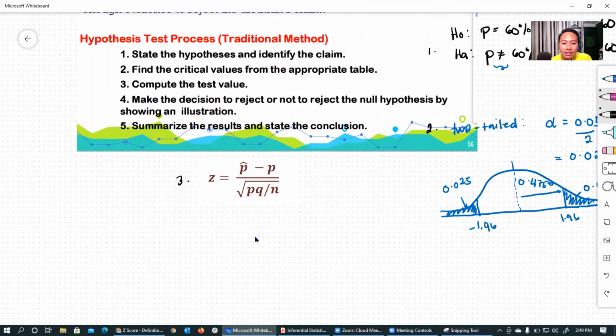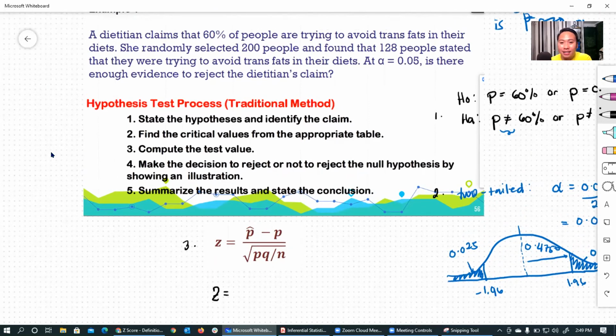So let's start solving for Z. The p hat, guys, is the proportion of the people who stated that they are avoiding the trans fats. When you say it's proportion, it's percentage, so it's in fraction form. 128 out of 200 people, because there are 200 people in the sample size, and 128 divided by 200 is actually 0.64. That's the p hat.